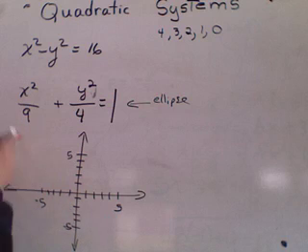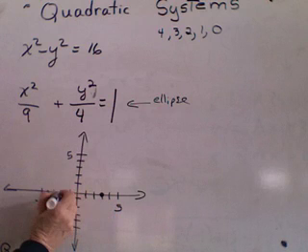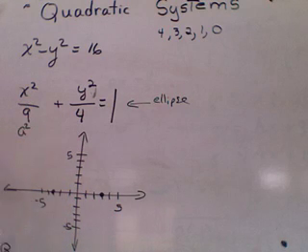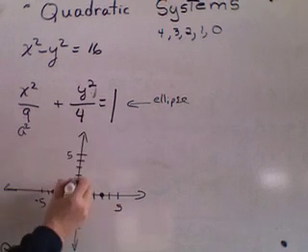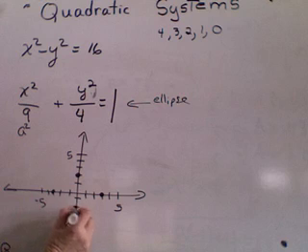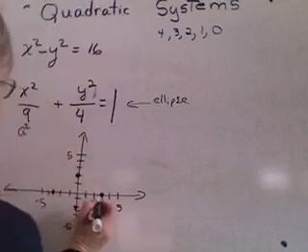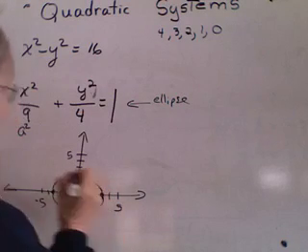I go over 3. Right? That's my a squared. All right. How many points do I go up on the y-axis? I hope you said 2. All right? So, let's sketch this in here. So we have an ellipse there.